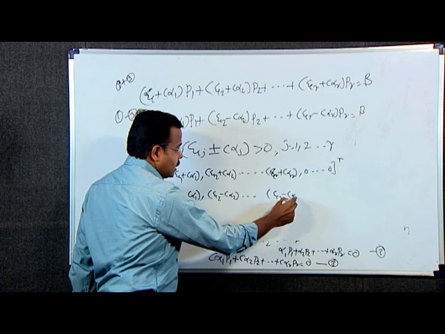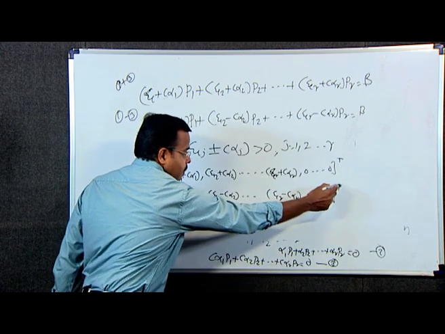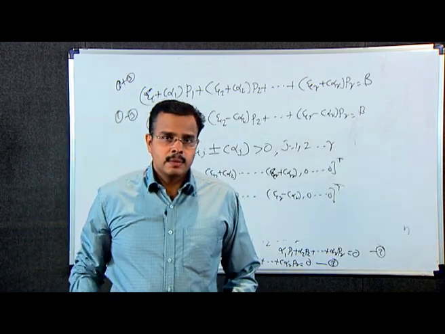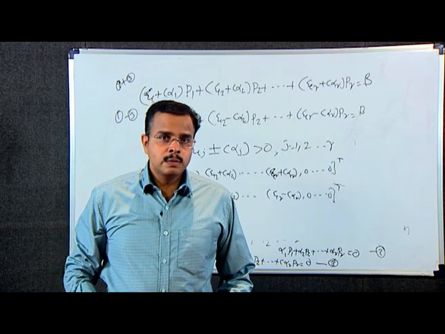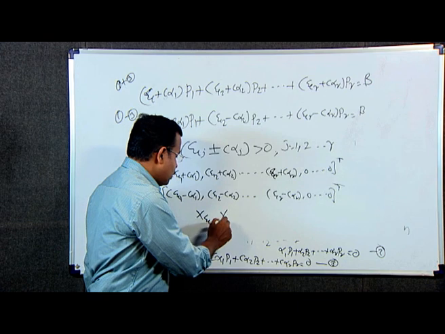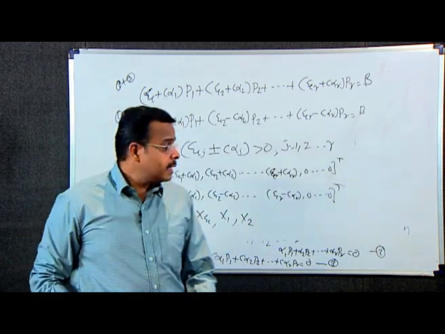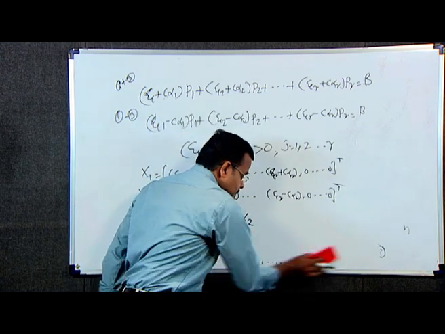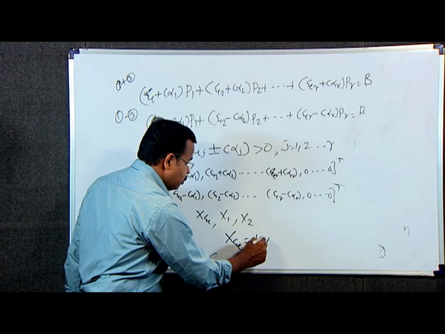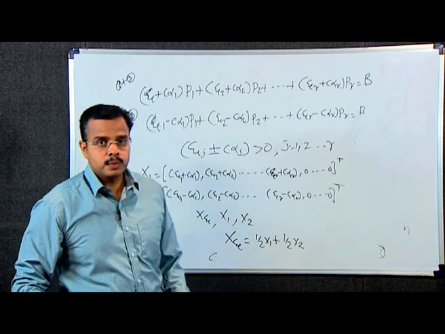psi r minus c alpha r 0 etc. 0, the transpose are feasible solutions. We have now 3 feasible solutions. They are xi, x1 and x2, which we can relate as xi equals 1 by 2 into x1 plus 1 by 2 into x2.